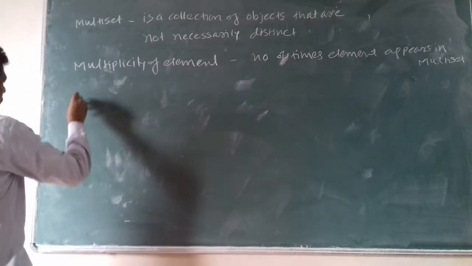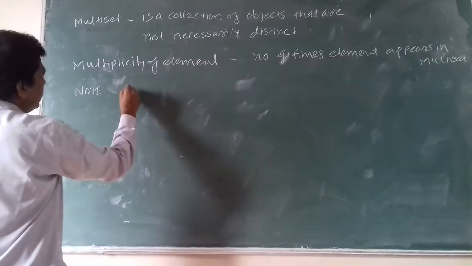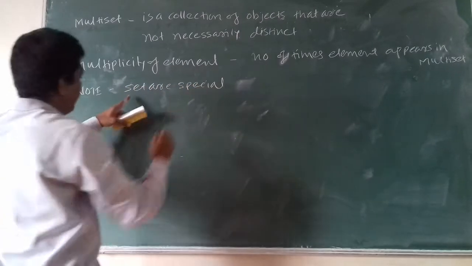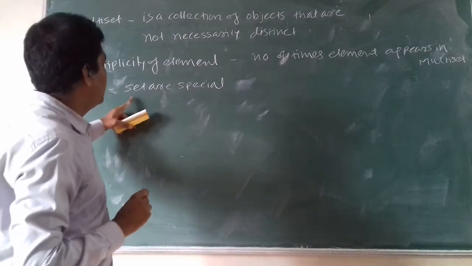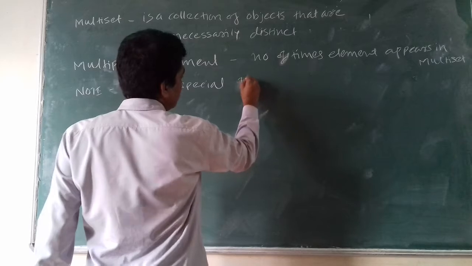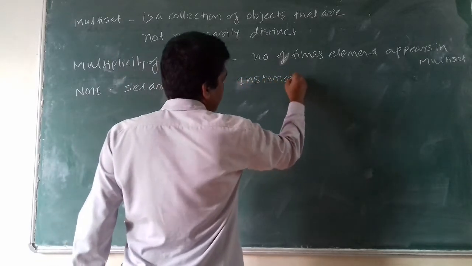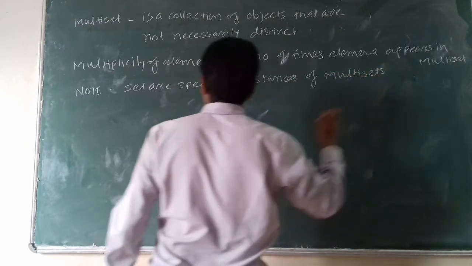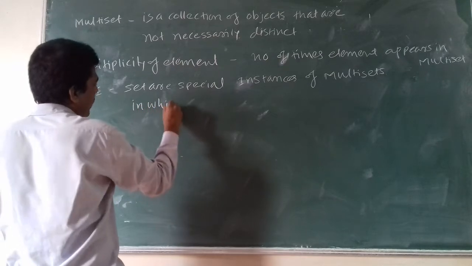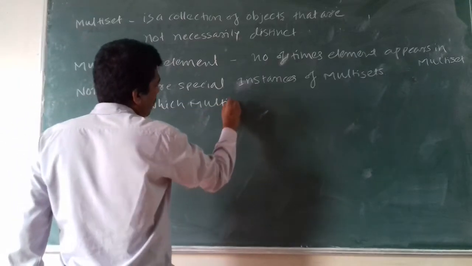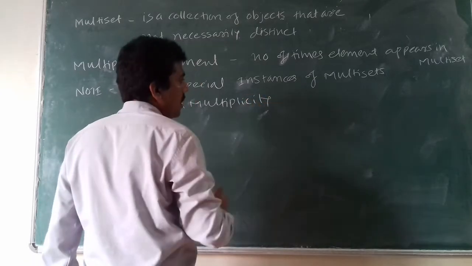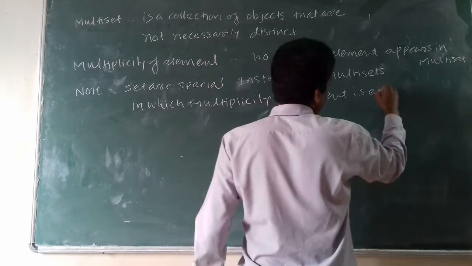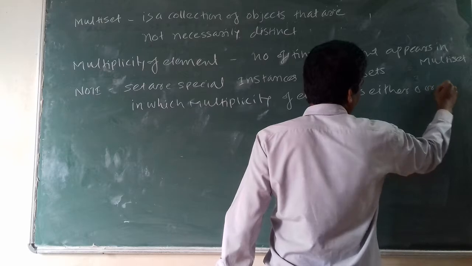Now, one note. A set is a collection of distinct objects. So sets are special instances of multisets in which the multiplicity of an element is either 0 or 1.